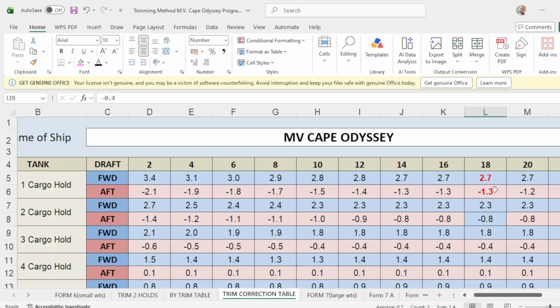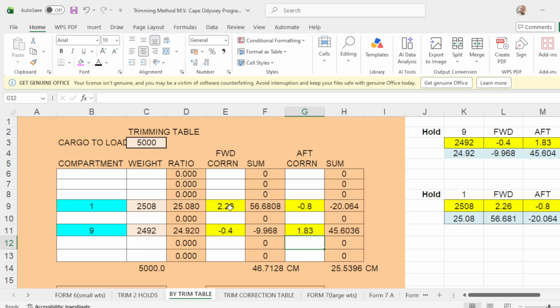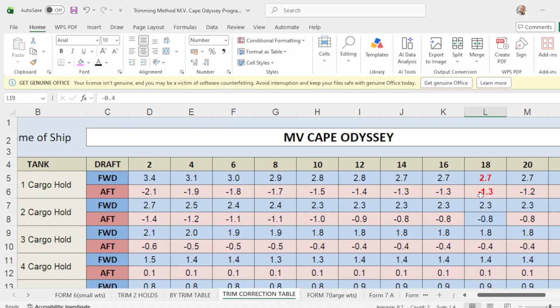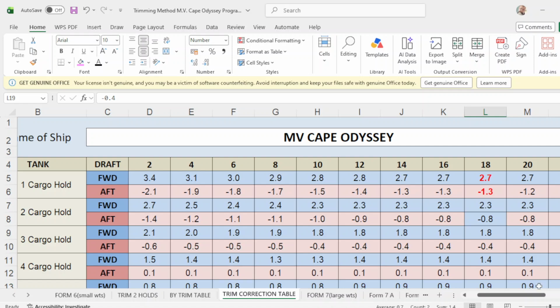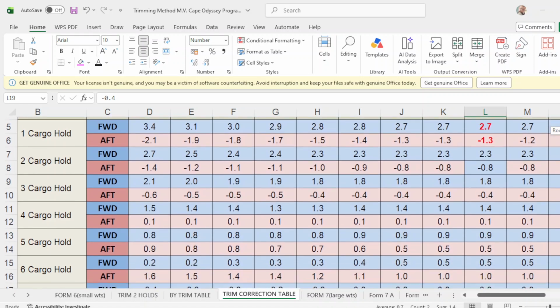So the correction for hold number 1 is 2.7. So you put here 2.7, and aft correction is how much? It is negative 1.3. So you put here negative 1.3. Correct? Okay, then we go to hold number 9.